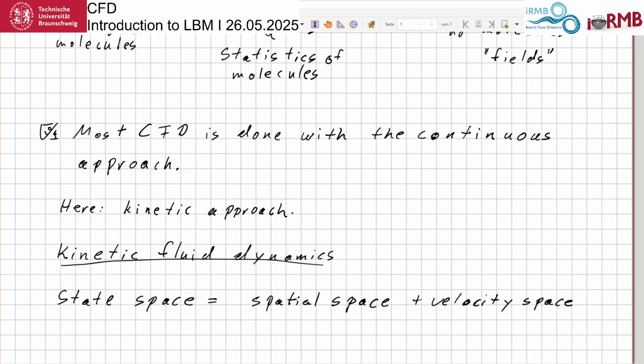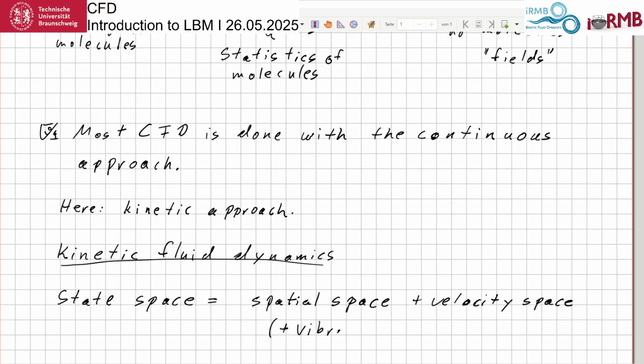So you see, these are then six independent variables instead of the usual 3, but this is not necessarily all of this.